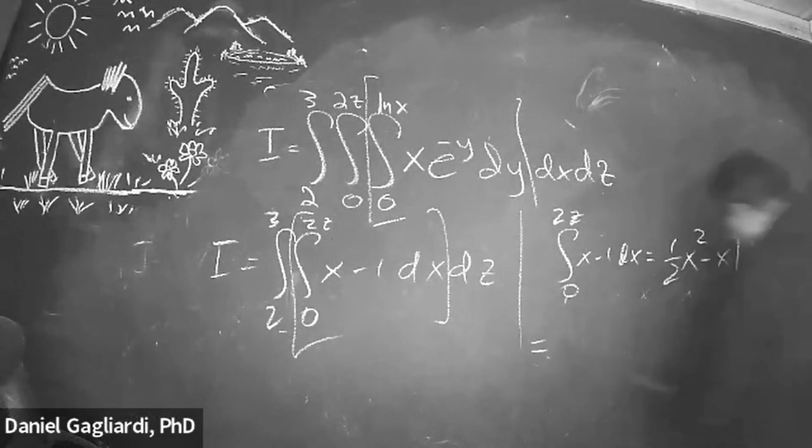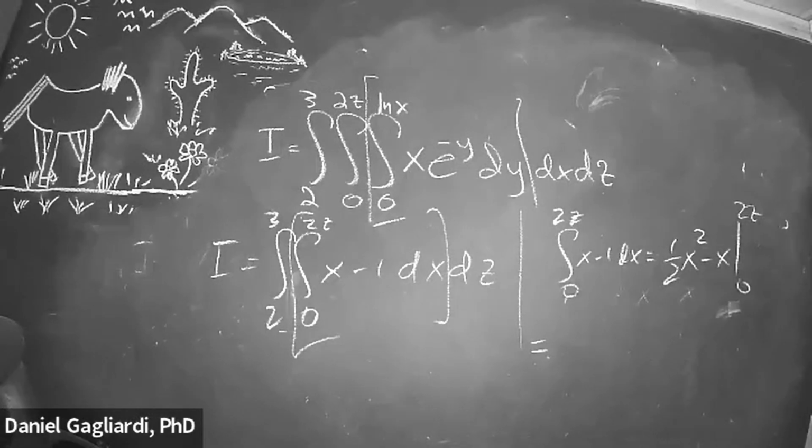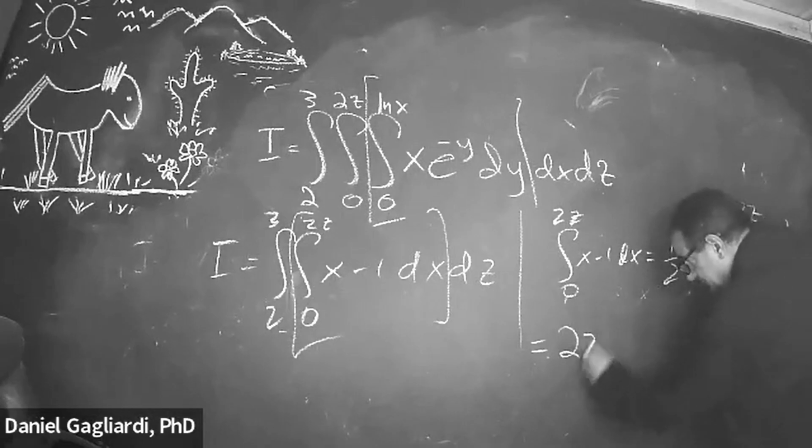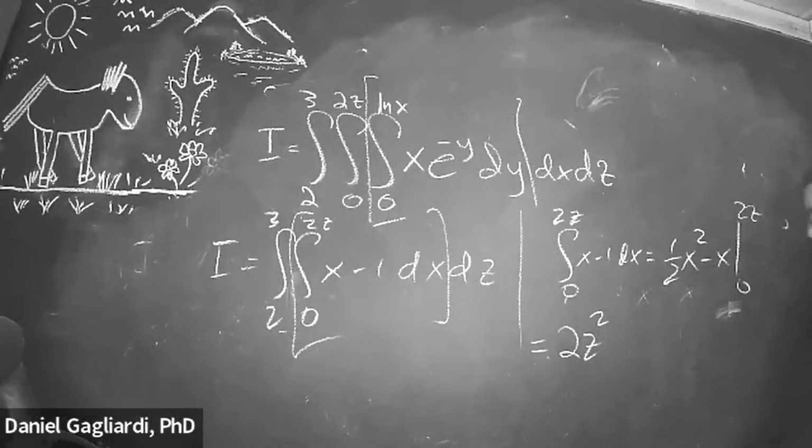If we plug in 2z, we have 2z squared, which is 4z squared, over 2. So we have 2z squared, and then we have minus 2z. So the inside integral evaluates to 2z squared minus 2z.